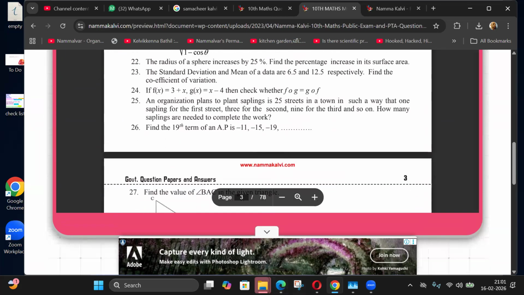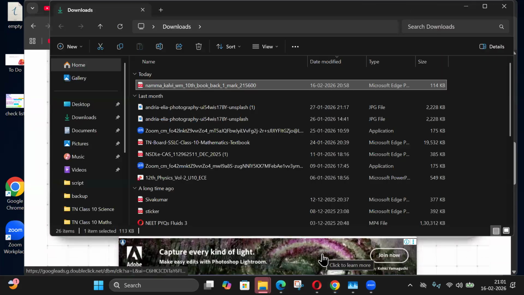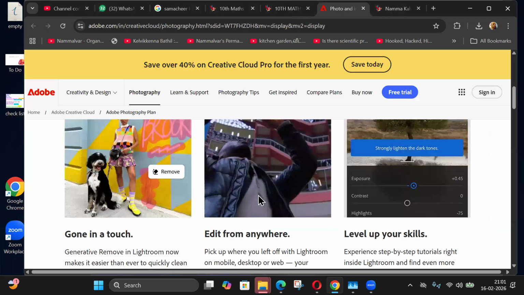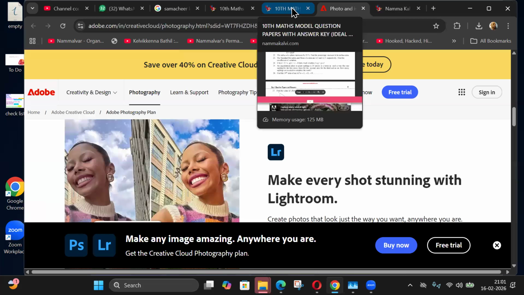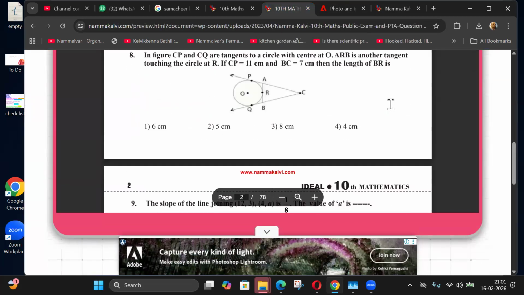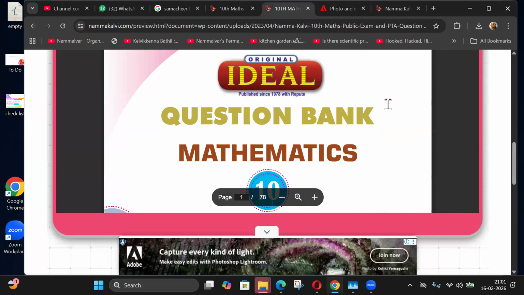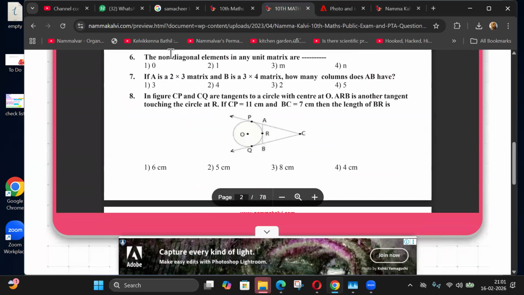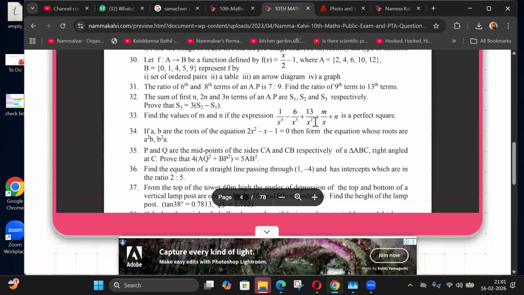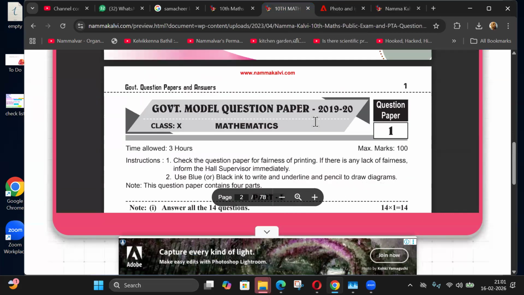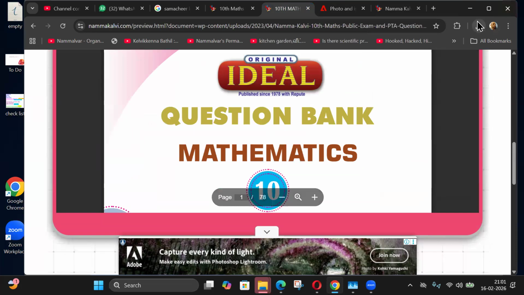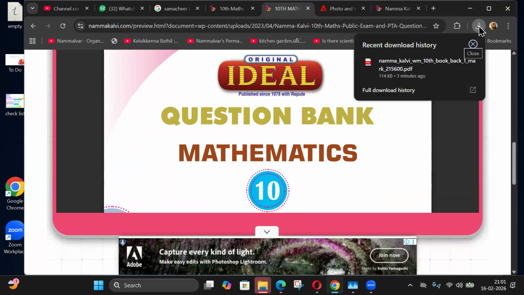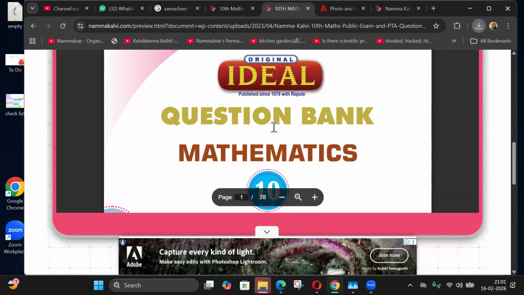Max is 100. Does this allow me to download or not?